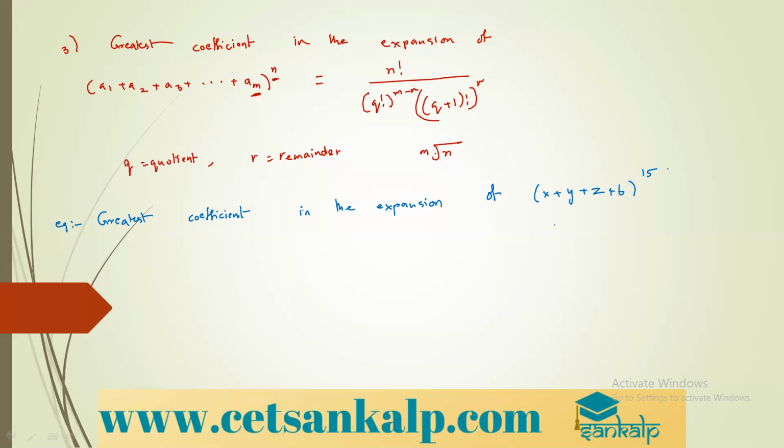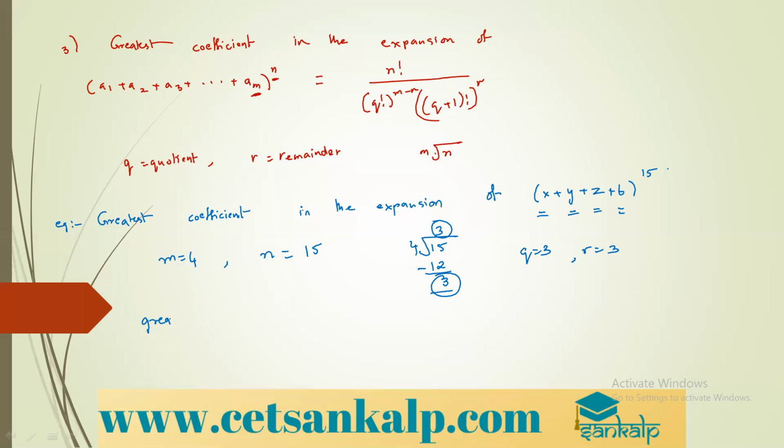So first, there are 4 terms, so m is 4. The power n is 15. So I will divide 15 by 4. Then I will have 4 3s, 12, minus 3. So quotient q is 3. Remainder r is also 3.